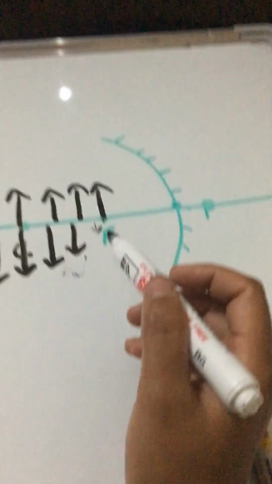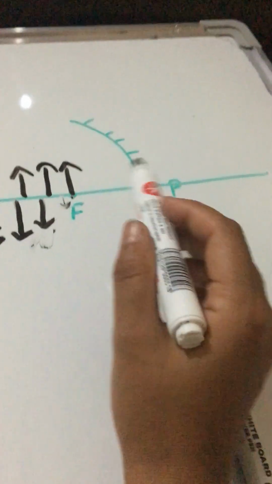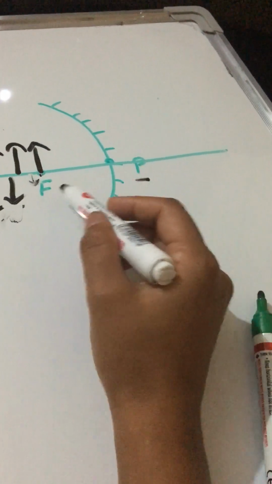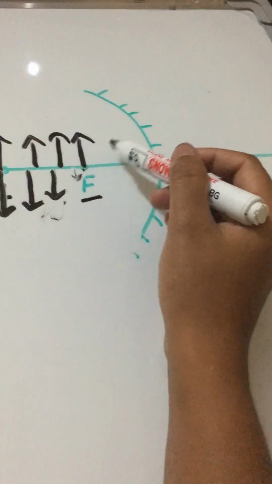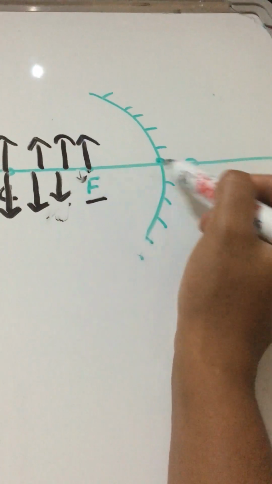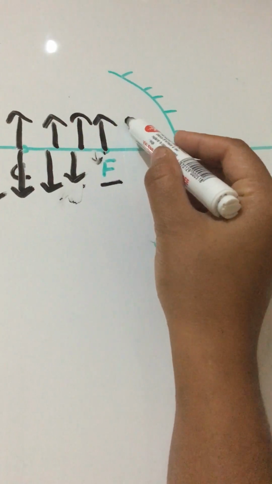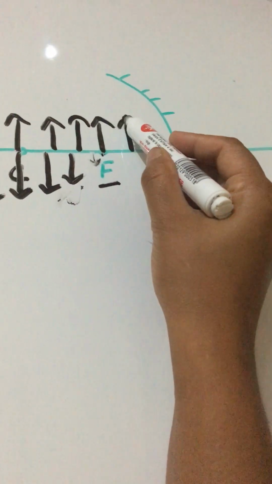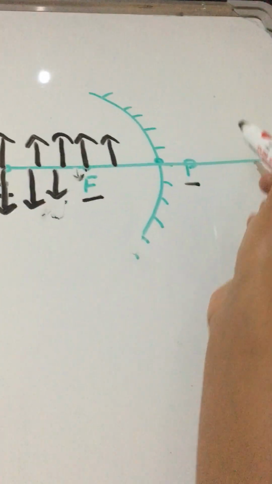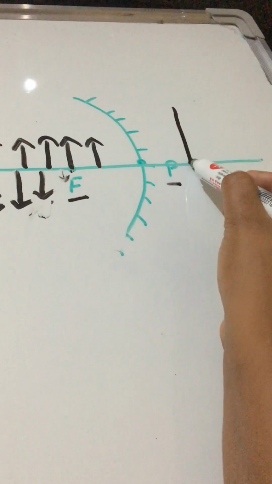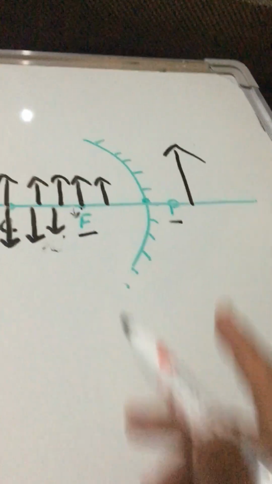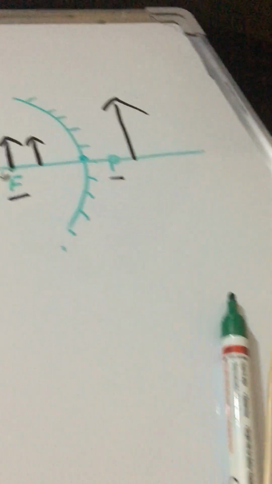Now there comes an exception for the object between the pole and the focus. When the object is in between the pole and focus, then its image will be virtual and magnified. We are going to see how it comes.